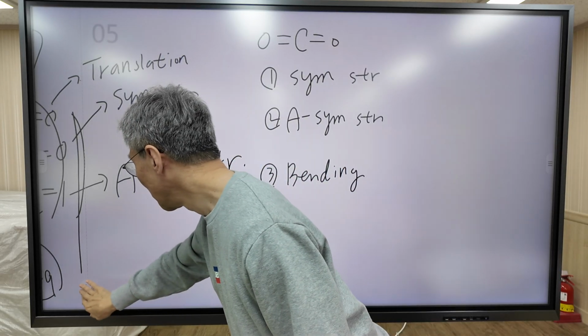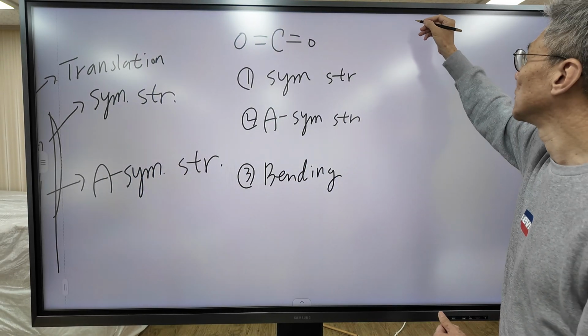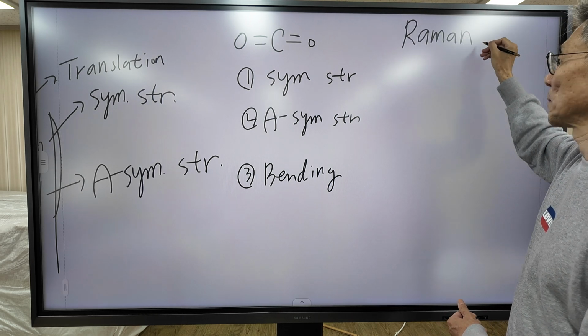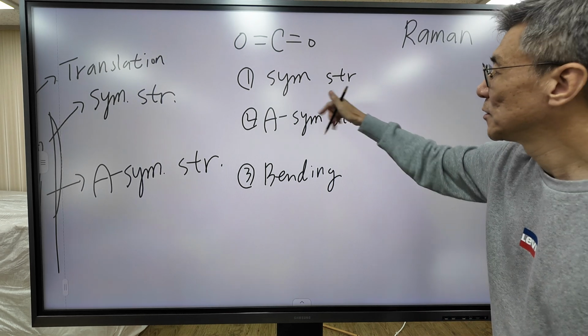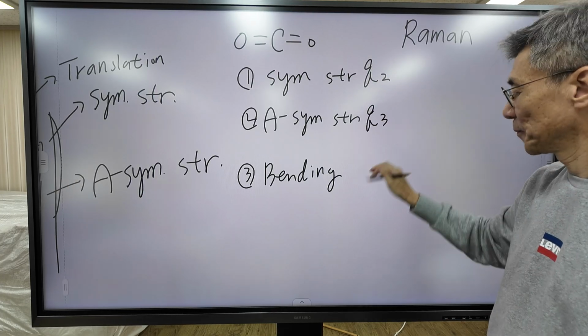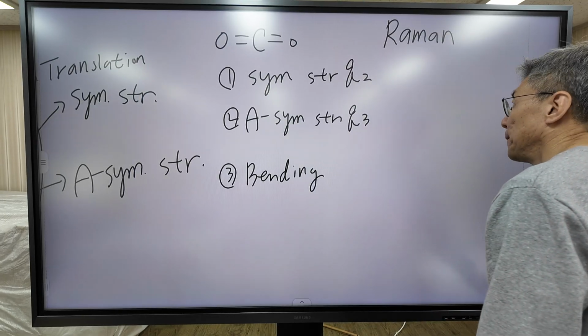Now, I'm going to take a detailed look at the Raman spectrum. Symmetric stretching is Q2, and asymmetric stretching is Q3.